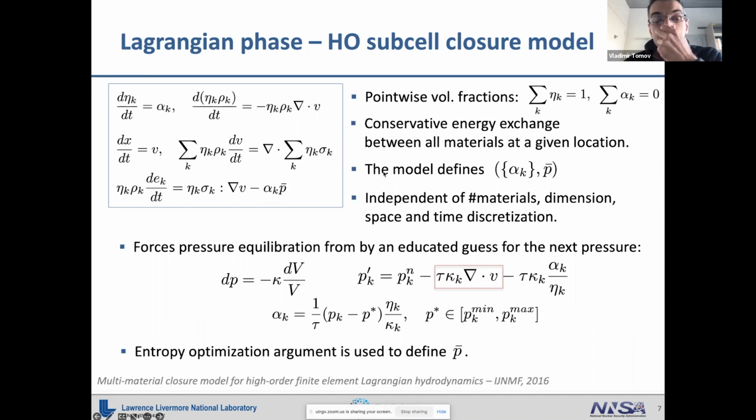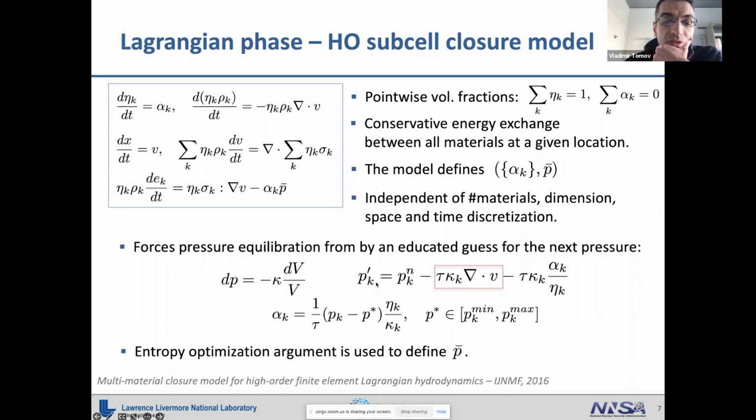And all arguments in this closure business go around this pressure equilibration idea. So what we do, you make an educated guess what the next pressure will be. It's a guess because the system does not evolve pressure, it evolves density, internal energy, and velocity.